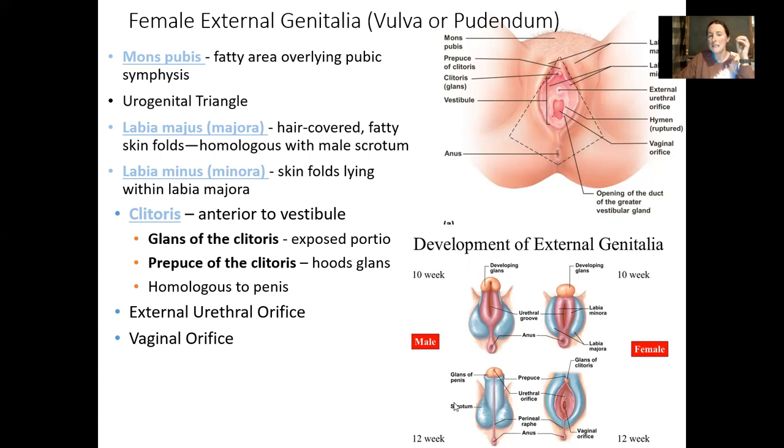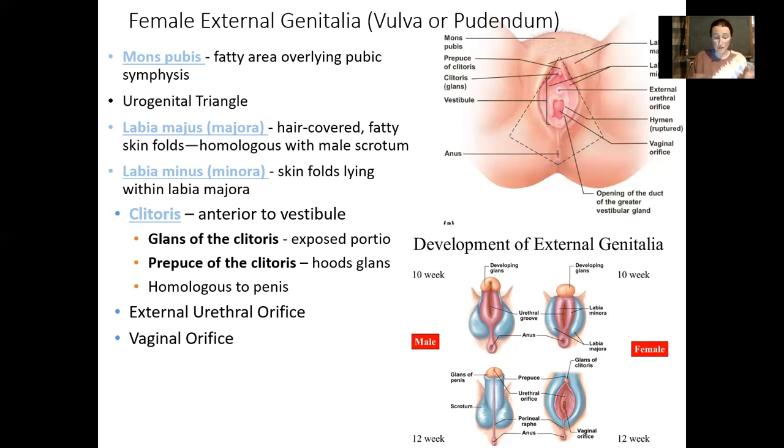Okay, so homologous. Homologous means structures that have derived from the same kind of primitive tissue, primitive structure. And we could be talking about evolution, or we could be talking about physically within an individual themselves. And so that's where I'm getting at here. In the beginning, we are all the same.